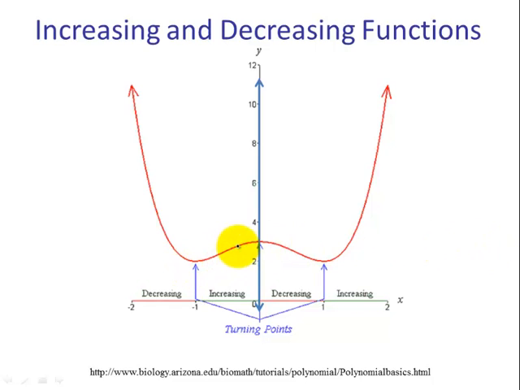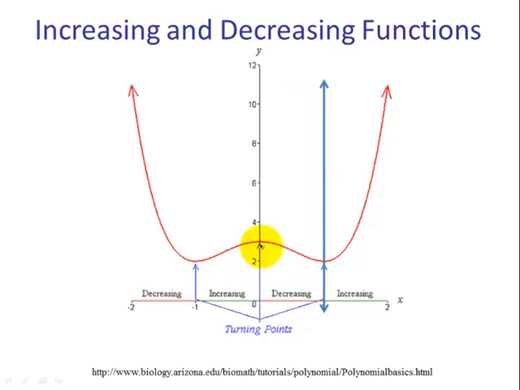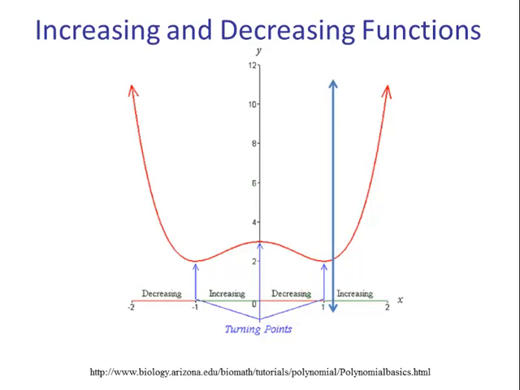So from this point to this point, that was increasing. Next, we move to the next turning point. So from 0 to 1, that's decreasing. And then finally, from 1 to +infinity, that is increasing. So for this function, we had two areas that were decreasing, we had two areas that were increasing.